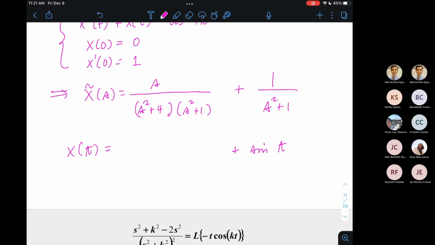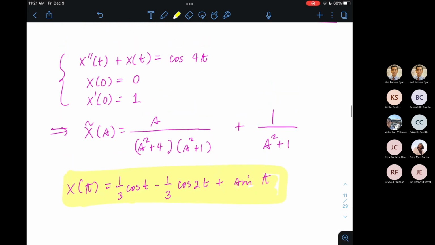So you can play with it and try to show that this is going to be 1/3 cosine t minus 1/3 cosine 2t. And see that this is our particular solution to the ODE, or to the initial value problem.